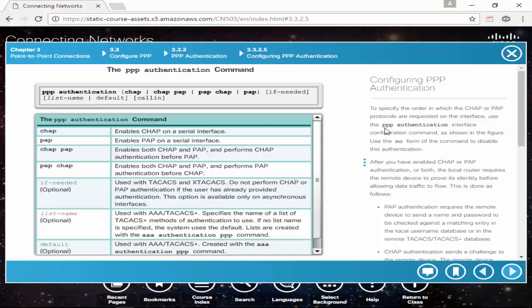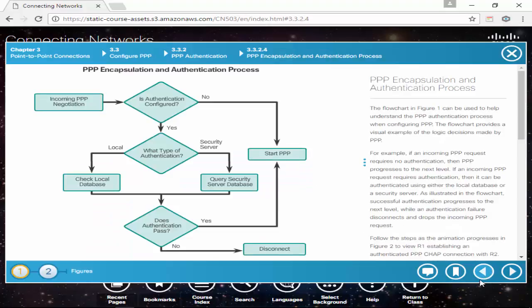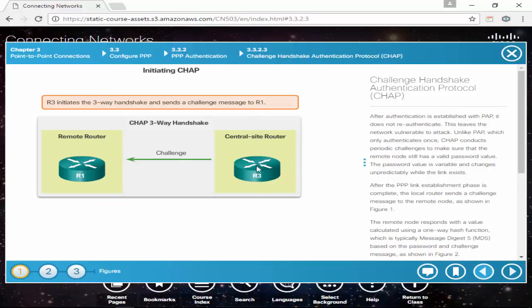Okay, so I was wrong. It's not at global. It's in the interface. We say encapsulation PPP, then we say PPP authentication, choose CHAP or PAP, or both of them. I'd always just use CHAP. Then with CHAP, we make a username on the outside, and we would make it for this router.